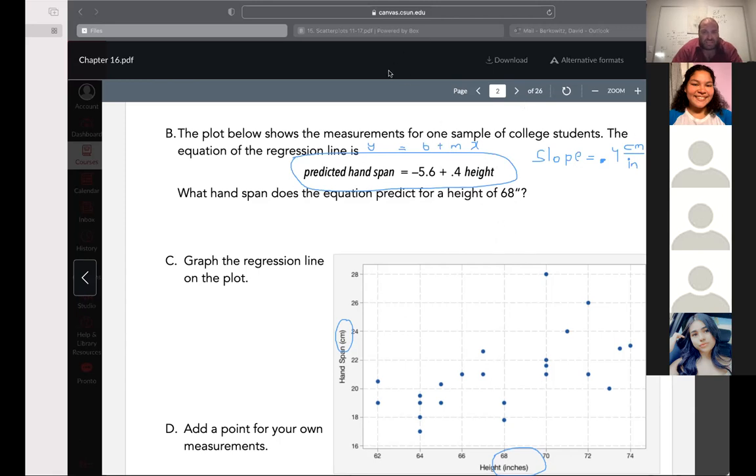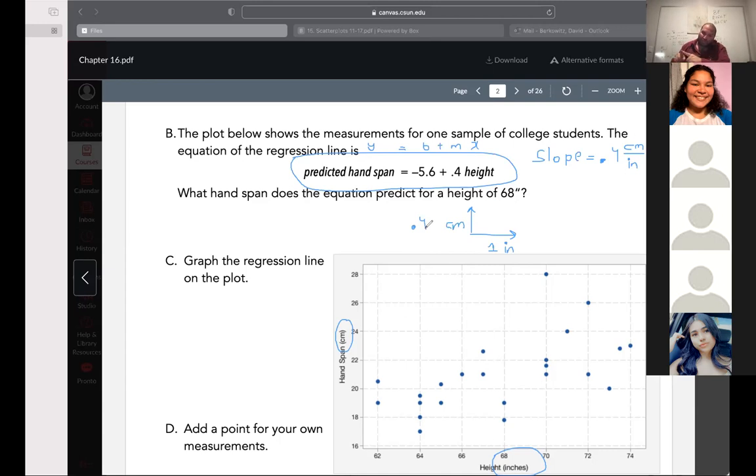And that makes sense if you think about it. Because what it's saying is, for every inch that I move to the right, my hand span would increase by how many centimeters? 0.4 centimeters per inch.